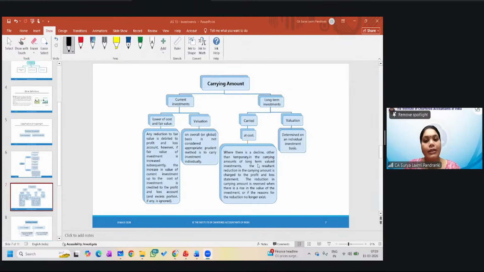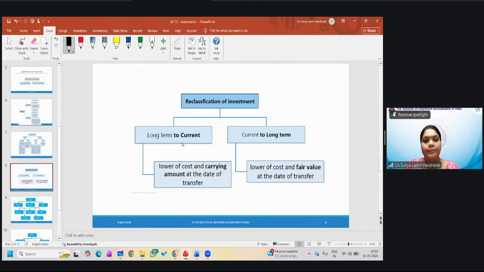But if there is a decline, and that is also for a reason which is other than temporary, only then you can take the difference to the P&L statement. Otherwise, no, right? If it is an other than temporary reason, which means almost like a permanent reason which affects the organization, then yes, you can take the difference or loss to the P&L statement. Otherwise, it should be carried at cost only. That is about the long-term investments.